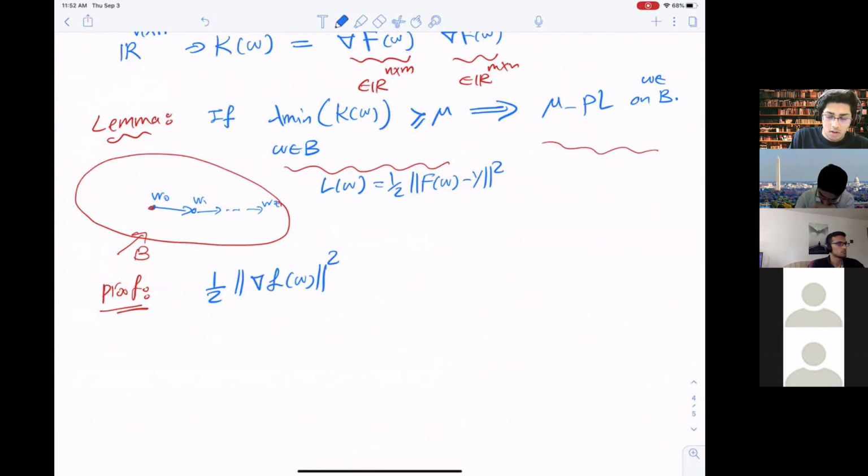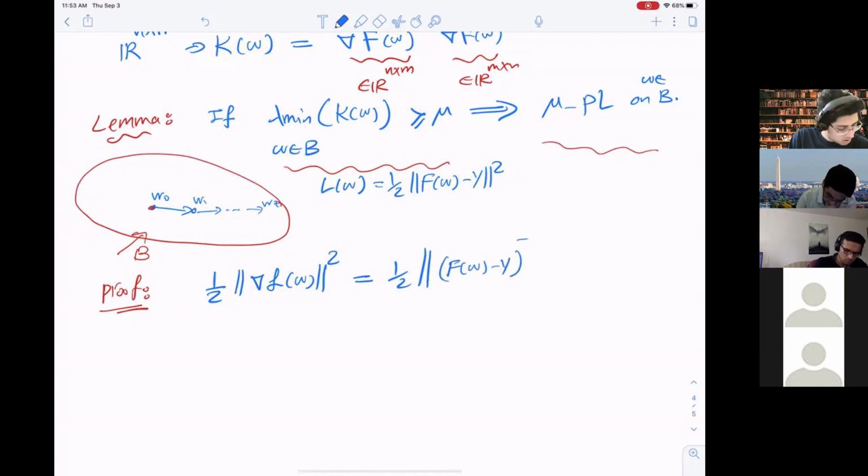All right, so what is the gradient of this guy? It's a quadratic, so the 2 and the 1 over half will cancel out. We'll get f(w) minus y times the gradient of f with respect to w. Right? So we'll basically have (f(w) minus y) transpose times the gradient.